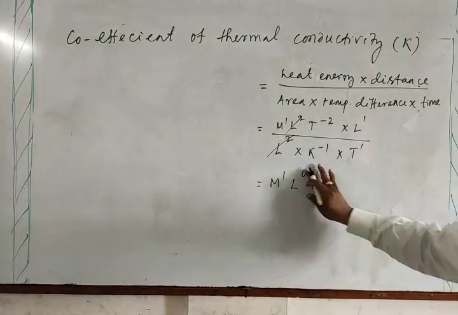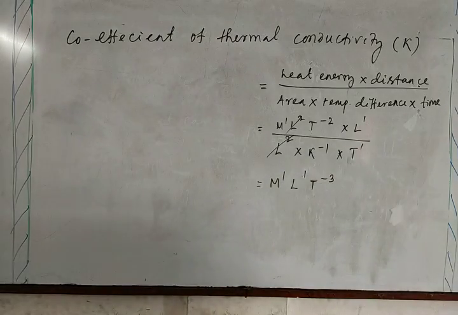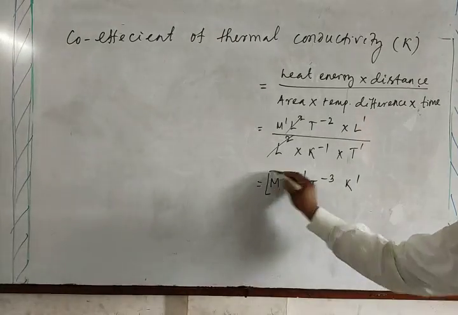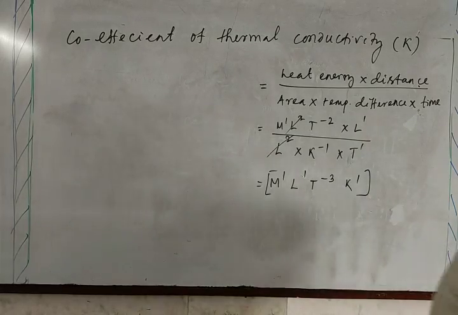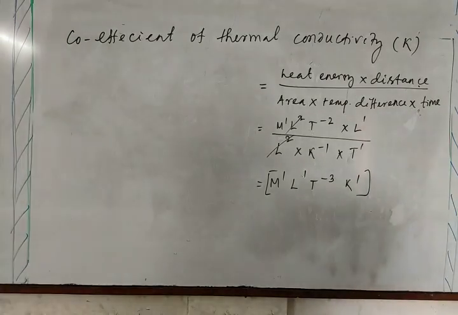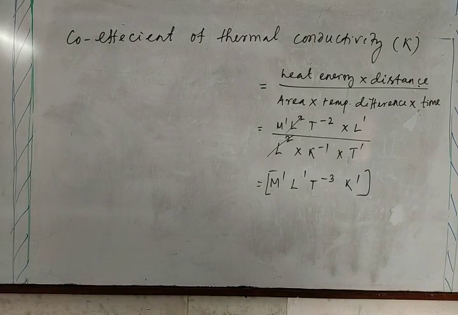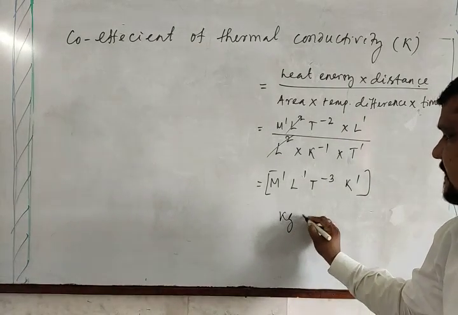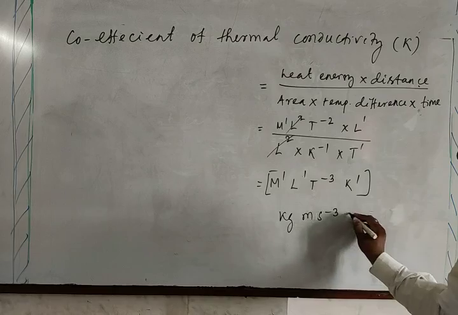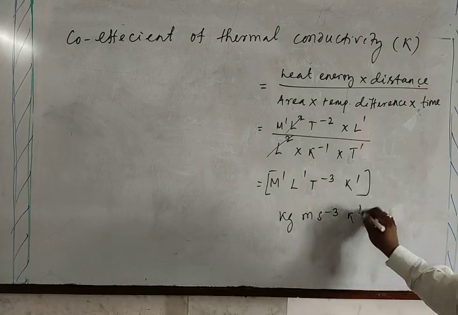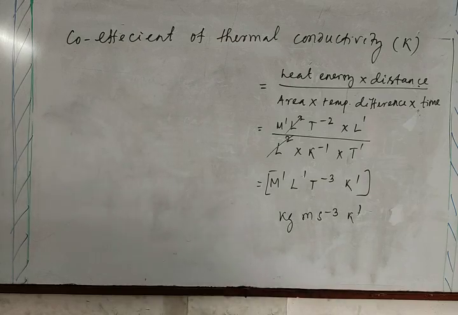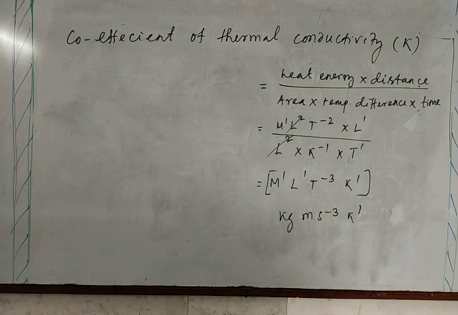There is L1 here, so M1 L1 T minus 3 K minus 1. If you write the unit, it is kg meter second minus 3 Kelvin minus 1. So this is the coefficient of thermal conductivity.